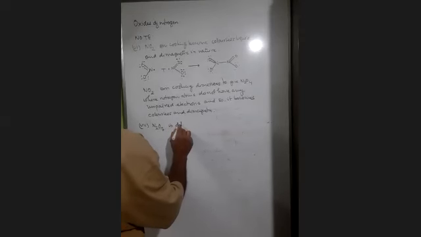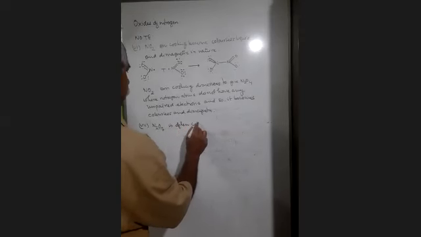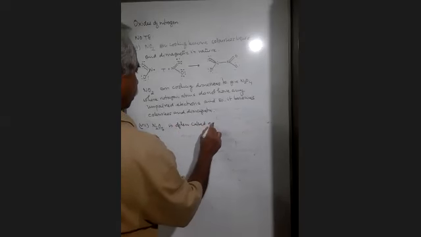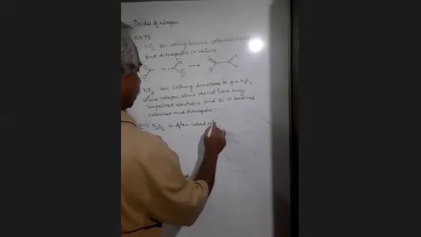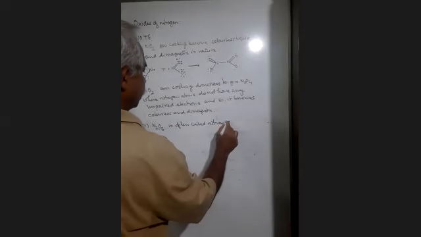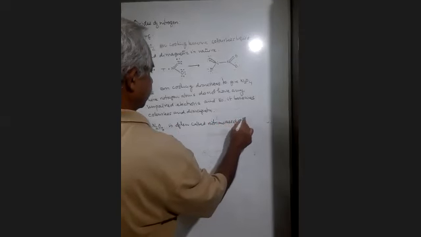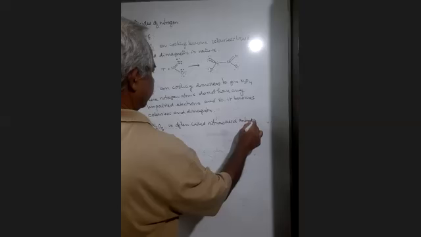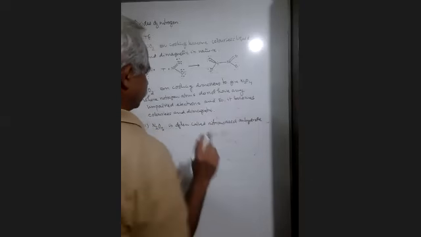Okay, now one more I'll write. This is not for your board. N2O3, dinitrogen trioxide, is often called nitrous acid anhydride, means free of water.